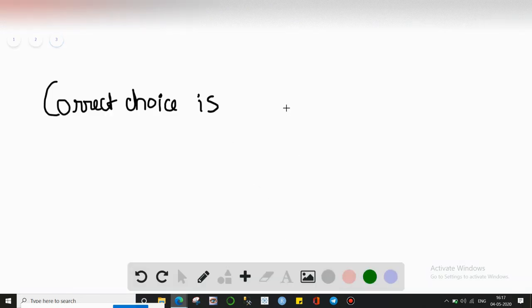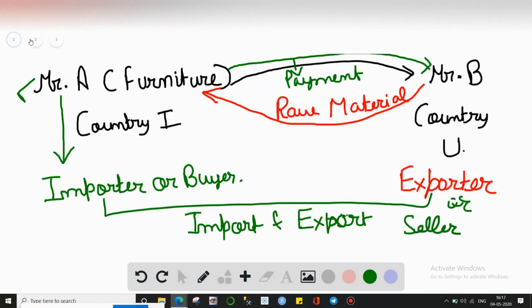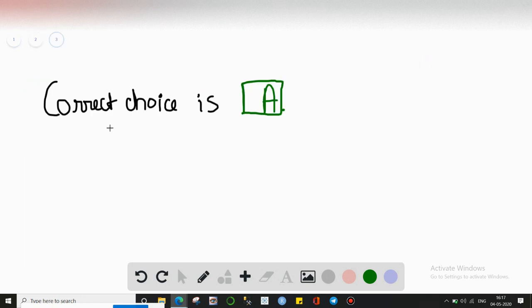So the correct choice is A. You can jot down first as well as second sheet onto your notebooks for future reference also. However, our correct solution is choice A.